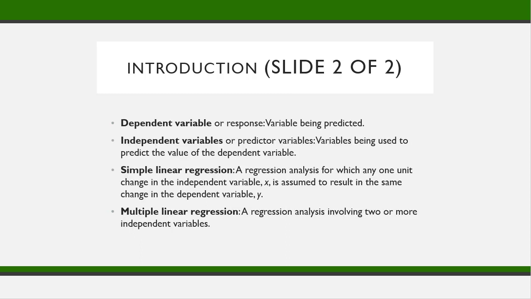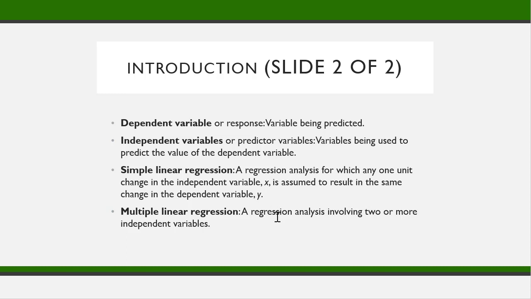And when we talk about linear regression, there's simple linear regression and there's multiple linear regression. Simple linear regression is regression analysis for which any one unit change in the independent variable, which we usually call x, is assumed to result in the same change in the dependent variable y.